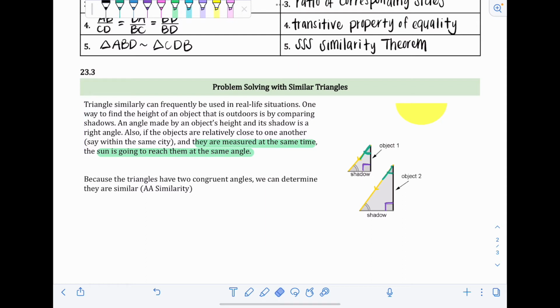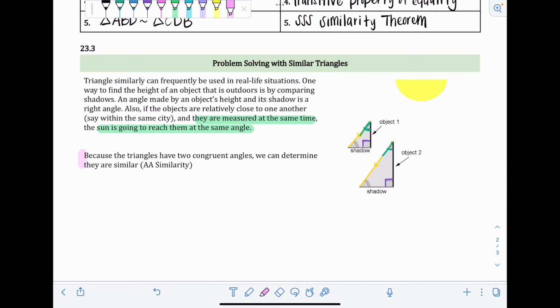Because the triangles have two congruent angles, the right angle and the angle the sun creates, they are similar. That's all we need for the angle-angle similarity theorem. So we have two similar triangles, and that helps us problem solve in real life situations.